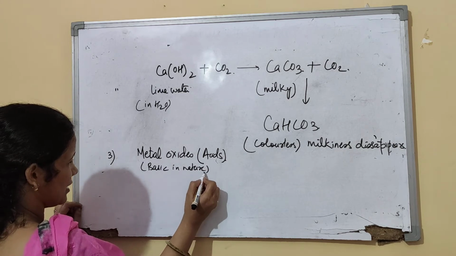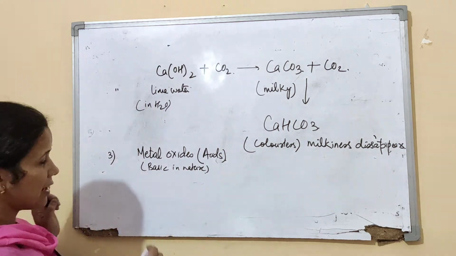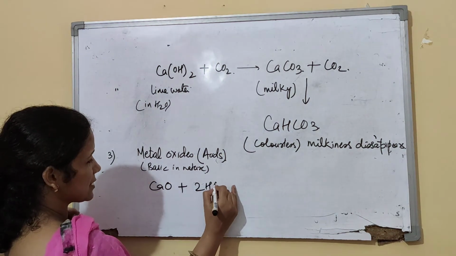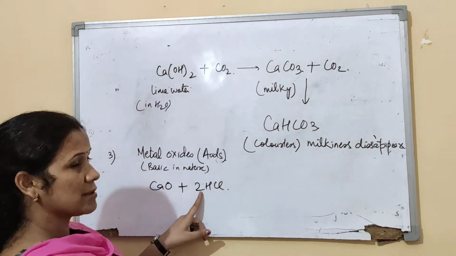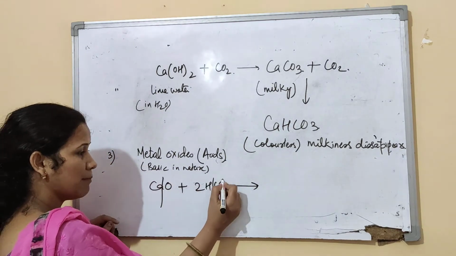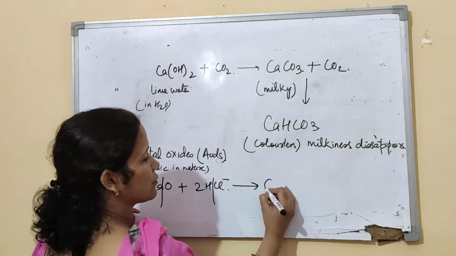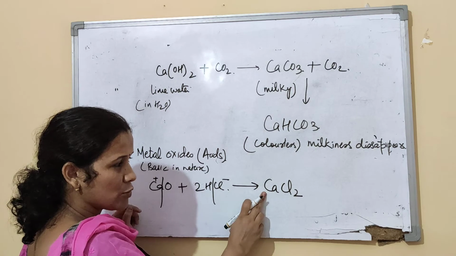So let's react. Some examples we will write. Say calcium oxide, quicklime, reacts with HCl. This is a basic oxide and this is acidic in nature, so they will react. This is the negative part, this is the positive part. The salt of calcium and chloride will become CaCl2. Why CaCl2?